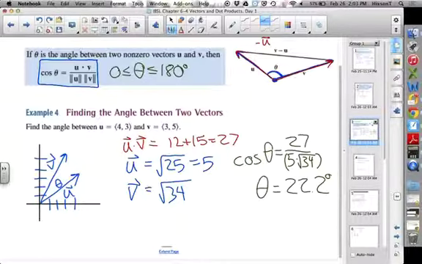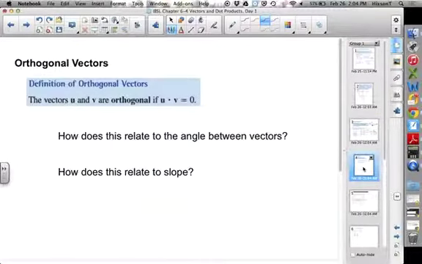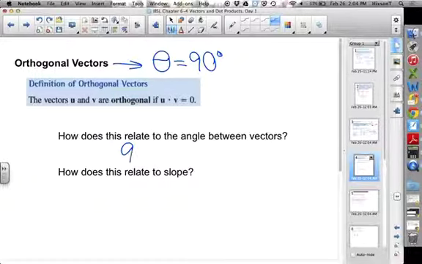That's what we call orthogonal vectors. Orthogonal vectors have an angle where theta equals 90 degrees. They are perpendicular, yes.